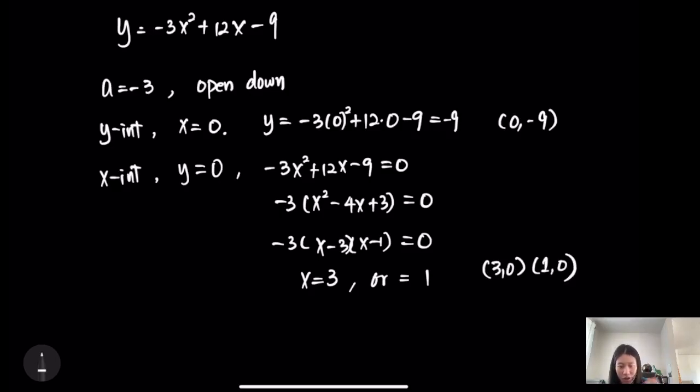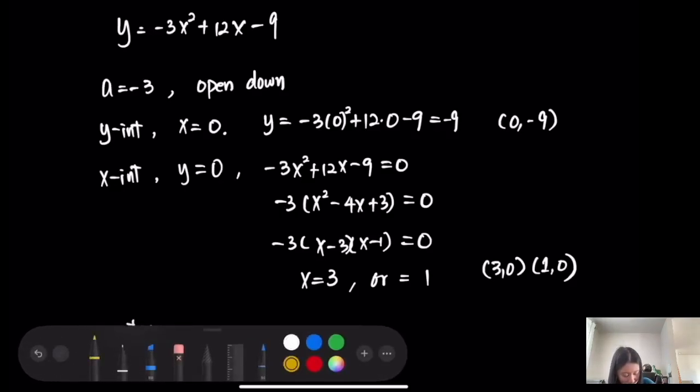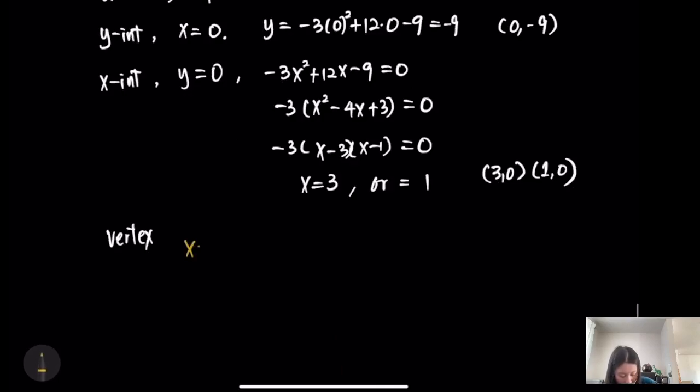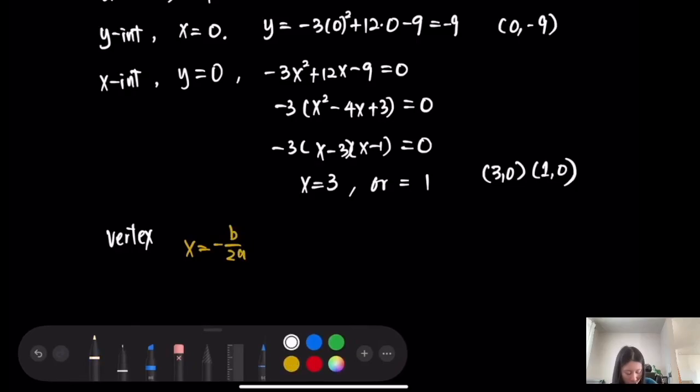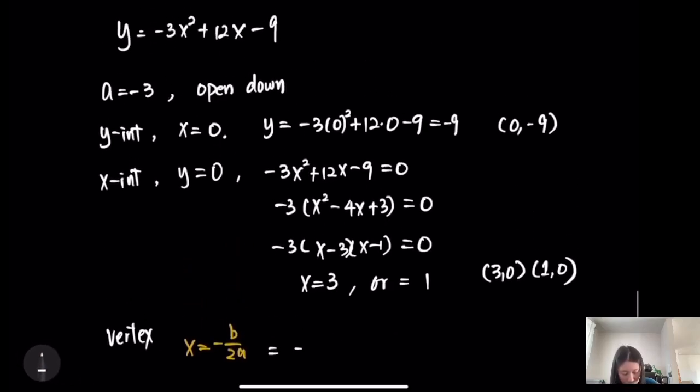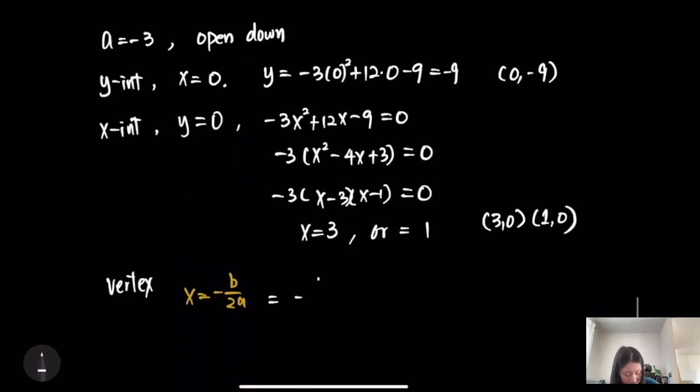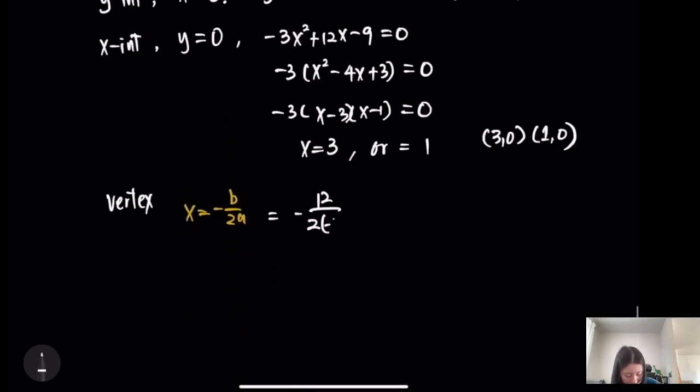Now the next part is find the vertex. For the vertex, we're going to use the formula to find the x-coordinate, which is -b over 2a. So b is equal to 12, a is -3. So our vertex x-coordinate equals 2. After we find the value of 2, we plug this value into the equation to find y.